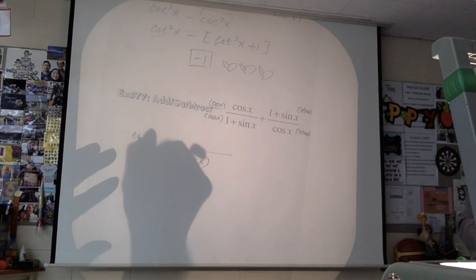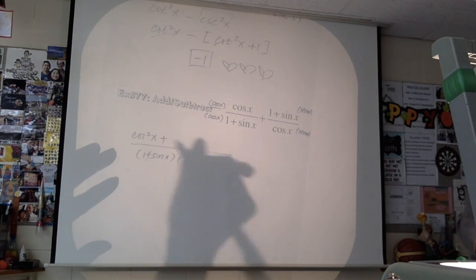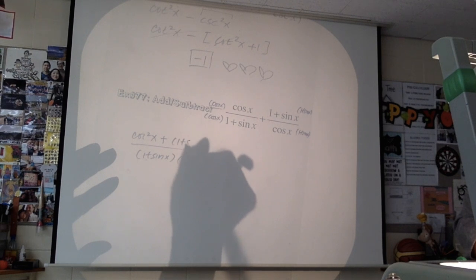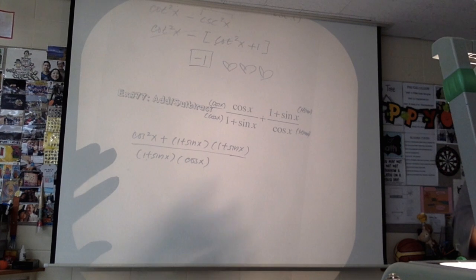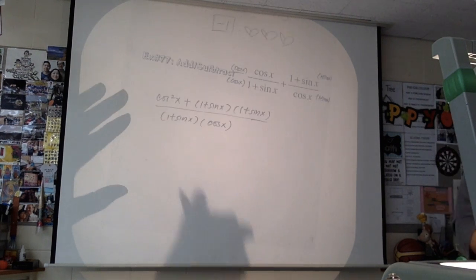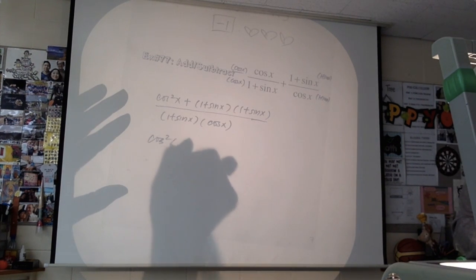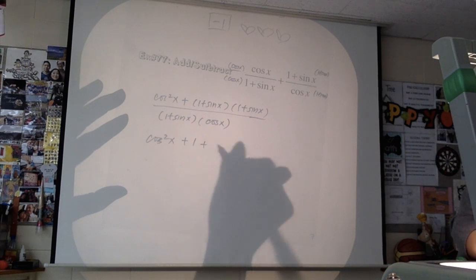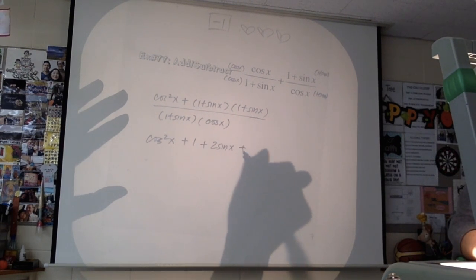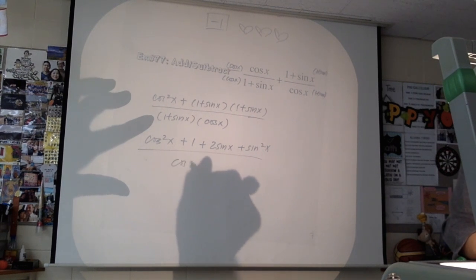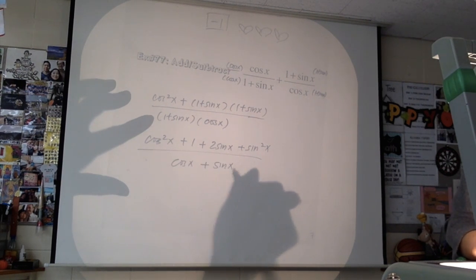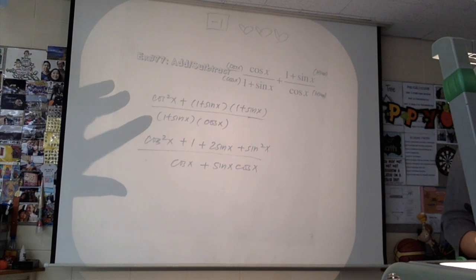And when you multiply all that, you get cosine squared x plus, okay? I'm going to just write it as 1 plus sine x plus 1 plus sine x. I'm not going to multiply it out just quite yet. But when I do, what do I get? I get cosine squared x plus 1 plus 2 sine x plus sine squared x all over cos x plus sine x cos x. All right?